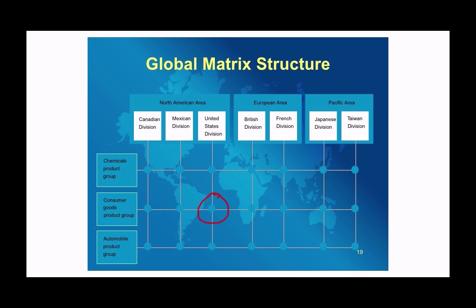You would be product manager for the United States, so you'd report to the United States director, and you'd also be reporting to the director for consumer products group since you're selling a cereal. So you'd be right in this sweet spot here as the product manager for cereals in the United States. And you and your team then would actually report to two managers. You'd report to the director for the United States up here, and you'd also report to the director for consumer products.